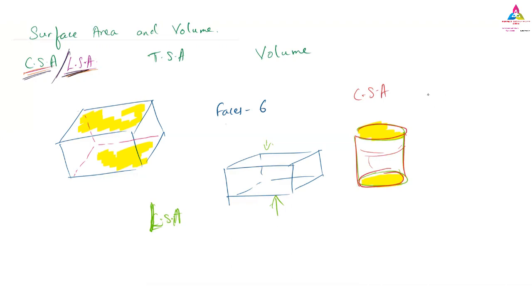Coming to the total surface area, the name itself suggests total, meaning we have to go through all six faces in a cuboid. These six faces are the four walls, one, two, three, four, and you also have to count the area of the top and the area of the bottom.